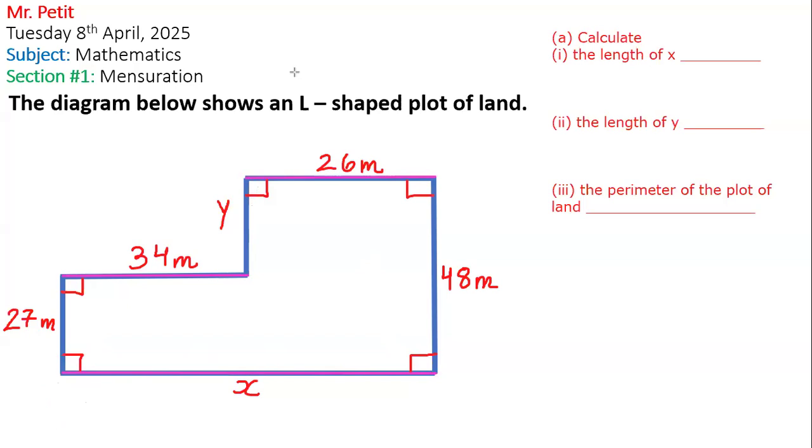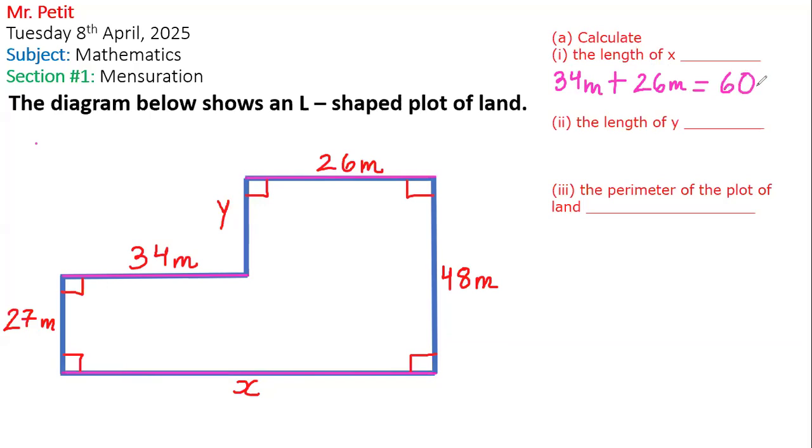Add 34 and 26, because they're both going the same direction as x and they're equal to the same length if you add them together. Very good. So we add 34 meters plus 26 meters, right? And that gives us what? 60.